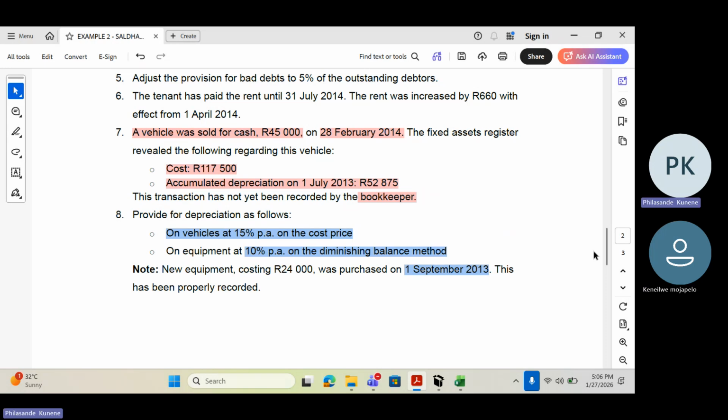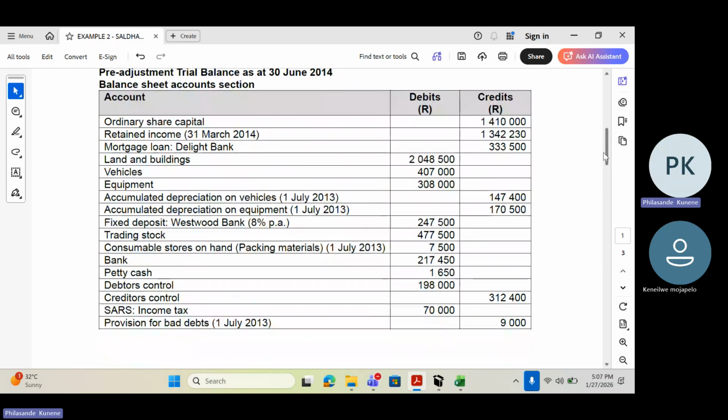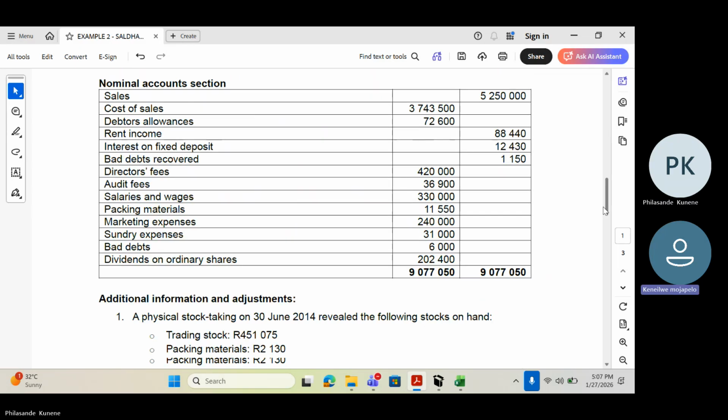Okay, so how are we going to work on that one? The unsold vehicles. We're going to go to the trial balance. We're gonna look at vehicles, and then we're gonna subtract the vehicle that we sold from the 407,000.